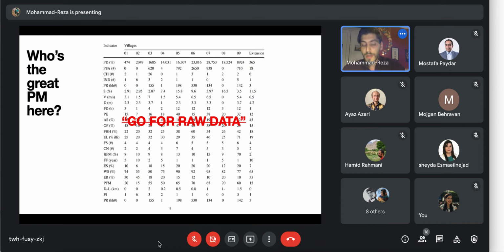What's your responsibility here? Your responsibility as a PM is to go for raw data. You have to open your laptop, open your MacBook, go to your spreadsheet, your Excel, and look for some data.